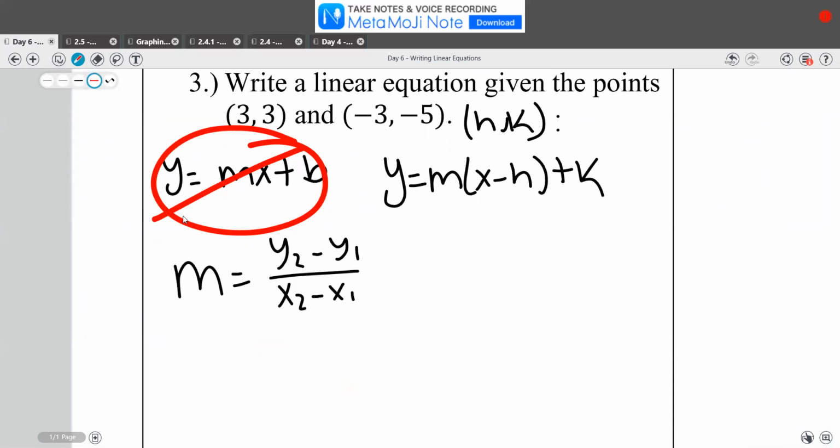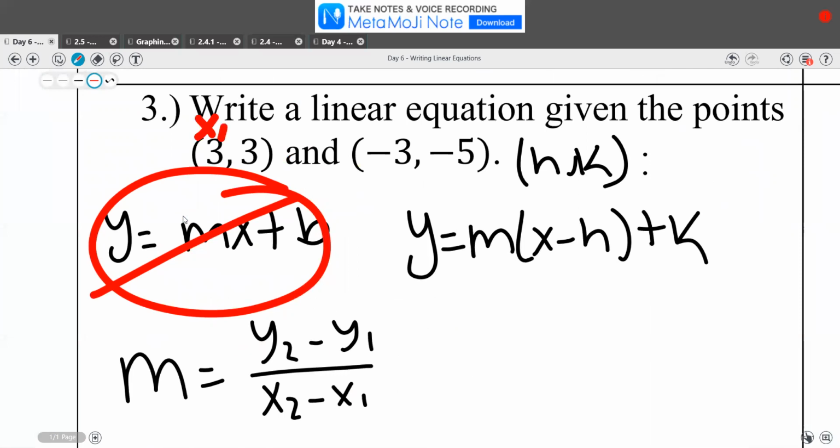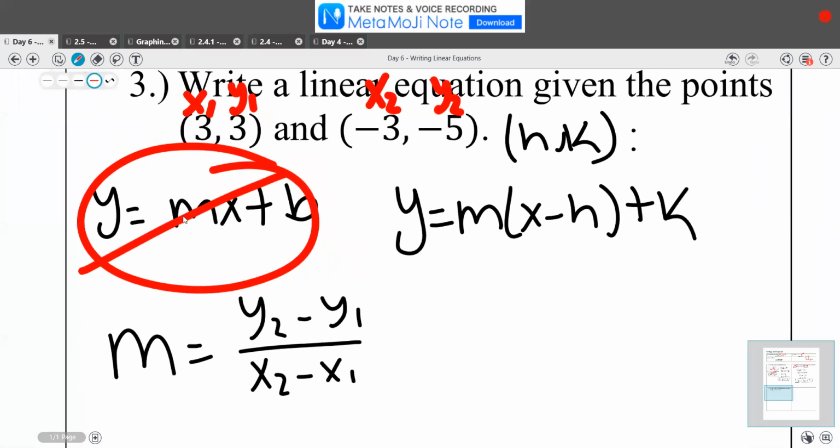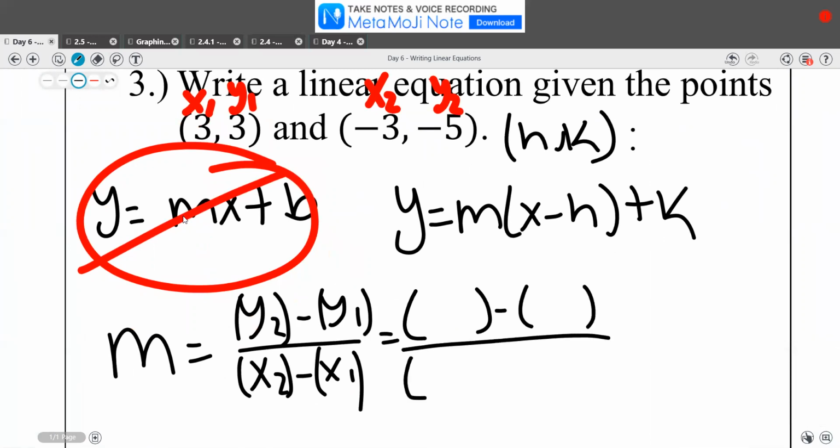So all I gotta do is number my points. This is going to be x1, y1, x2, y2, okay? And then just plug them in. Remember to please put parentheses around this, okay? So we're gonna have that minus that, and then that minus that, okay?